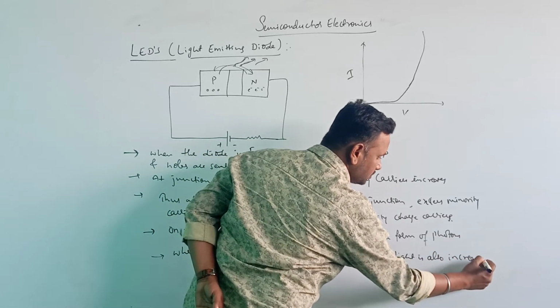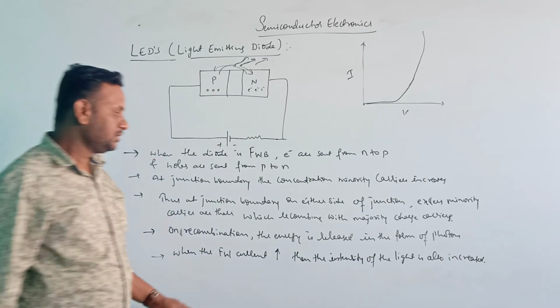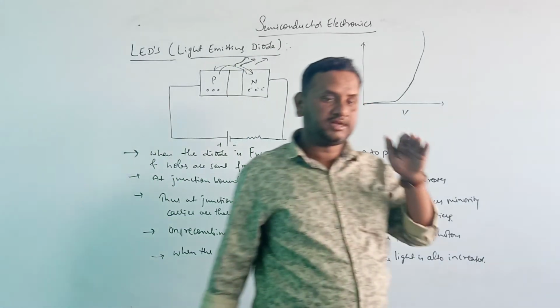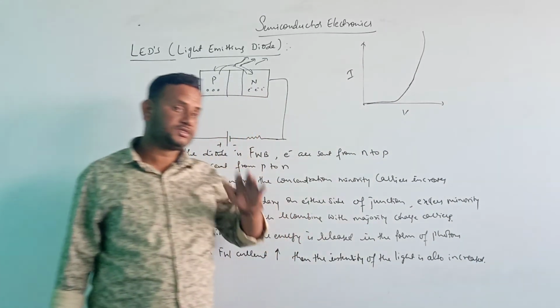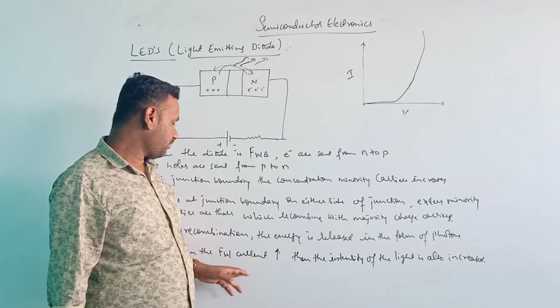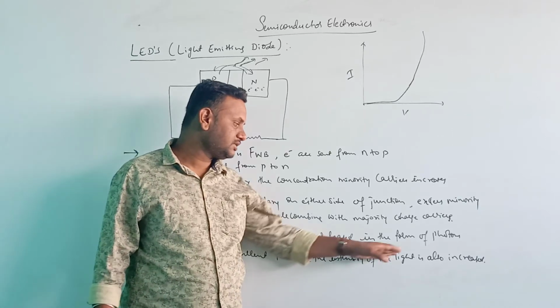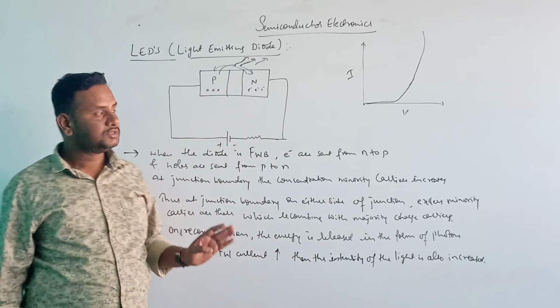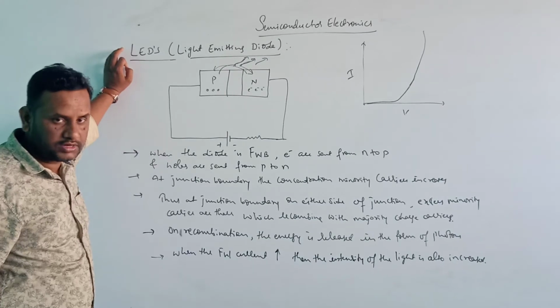So if we go on increasing this forward current, the intensity of the light decreases. It does not increase with the forward current. So when the forward current increases up to a certain limit, the intensity of the light also increases. In this way, this LED is going to work.